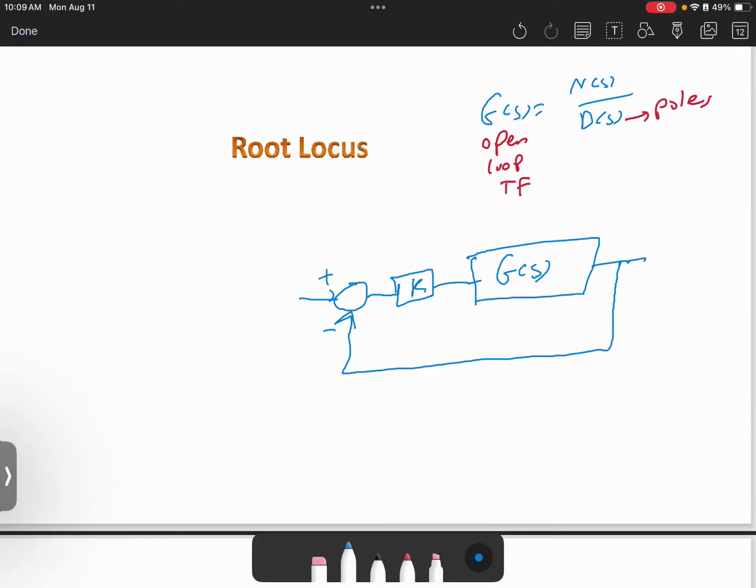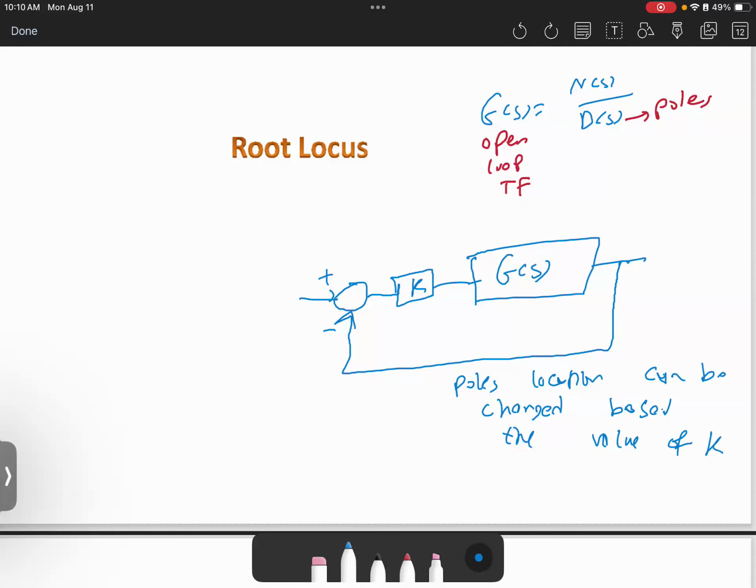Then we say the pole's location can be changed based on the value of K.